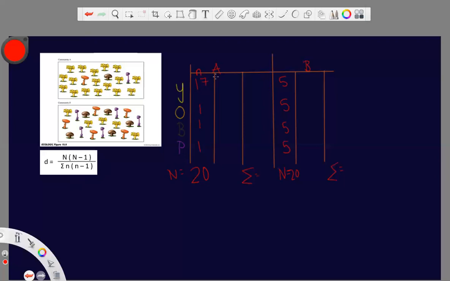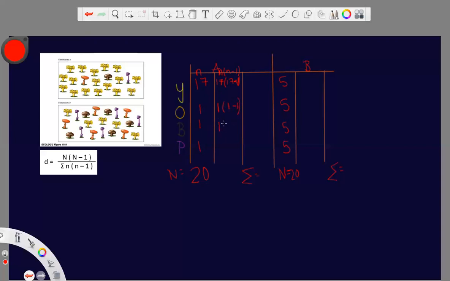So we want to work out n(n minus 1). For the yellow one, it will be 17(17 minus 1). For this one here, you've got 1(1 minus 1).